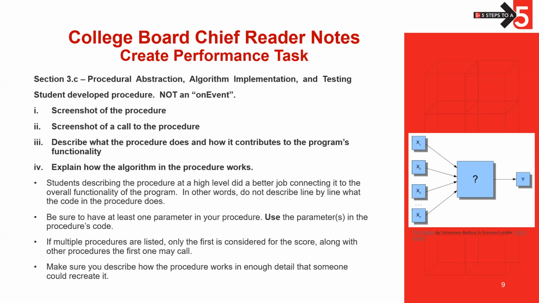Now, if that procedure calls other procedures, yes, we can consider those other procedures because those all work together to form the overall algorithm. But if you have several standalone procedures, we're only going to look at the first one. And it's sad if that first one doesn't have a parameter and a later one does, but that's how it works, okay?